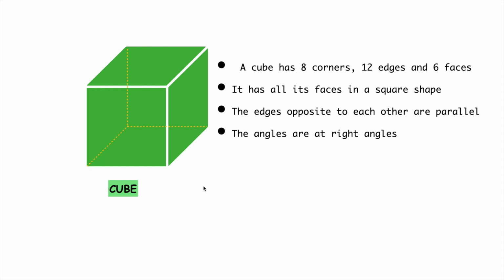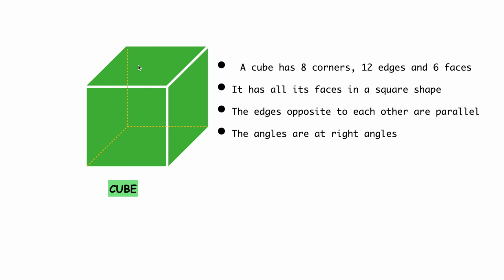You can take a dice in your hand and you can count by yourself if it makes it easy for you. Okay? So it has 8 corners, 12 edges and 6 faces. This is the front face 1, back face 2, side face 3, side left face 4, bottom face 5 and upward face 6.